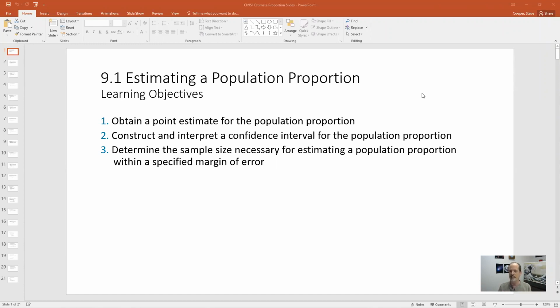So you have to rely on a sample, and if you do a good job obtaining your sample so that it has a good cross-section representation of each of the different groups in your population, then your point estimate, or the data you retrieve from your sample, should be a pretty good representation of the overall population.